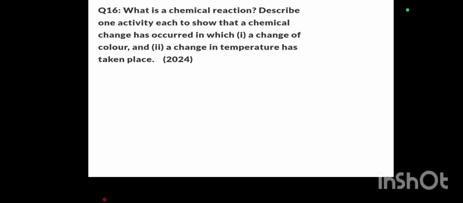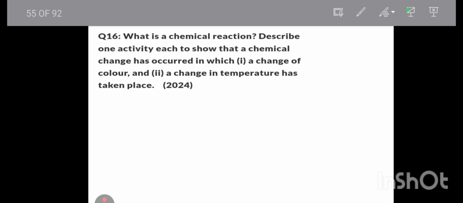What is a chemical reaction? Describe one activity to show that a chemical change has occurred, in which there is a change of color and change of temperature. The second part we have already discussed. So what is a chemical reaction?